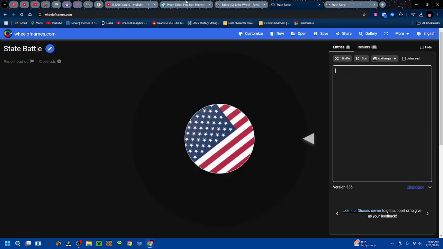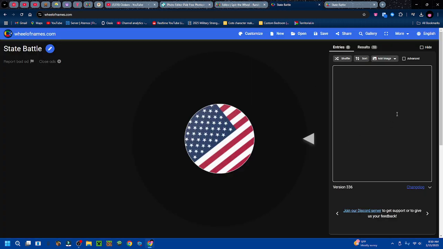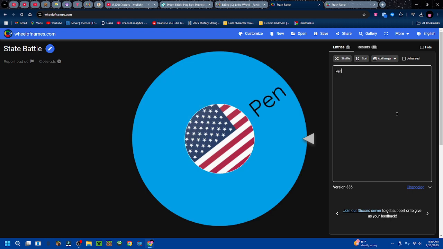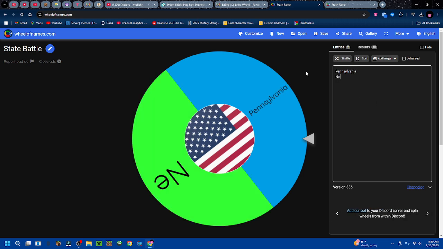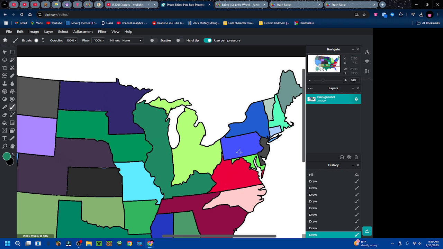Who do they border? They border Pennsylvania, New Jersey. They also border Connecticut. That's Connecticut.